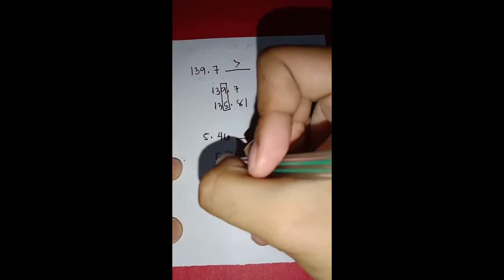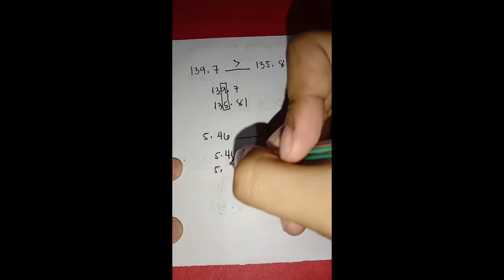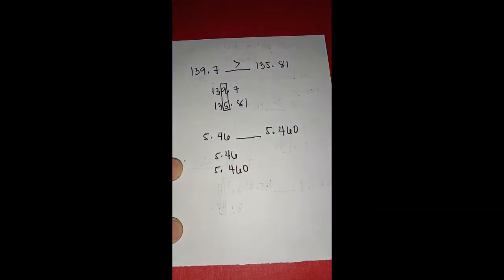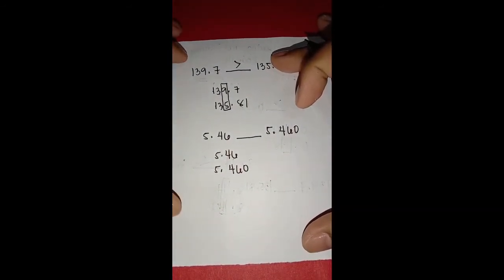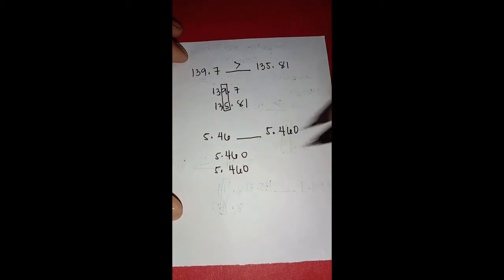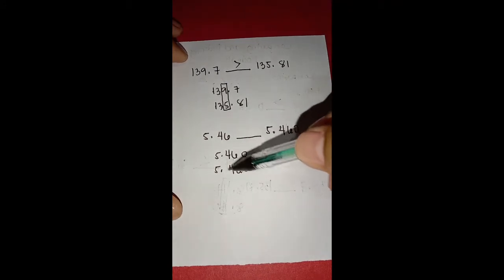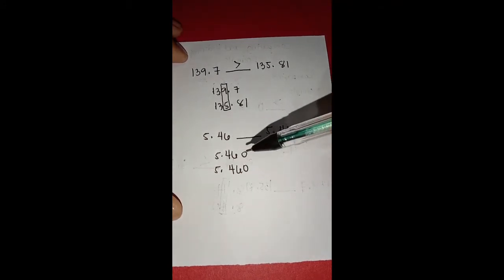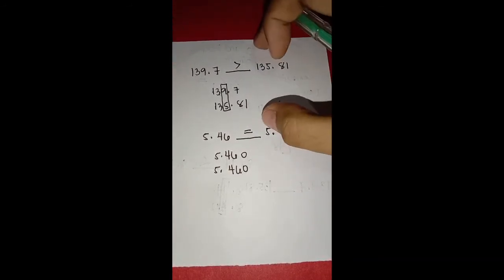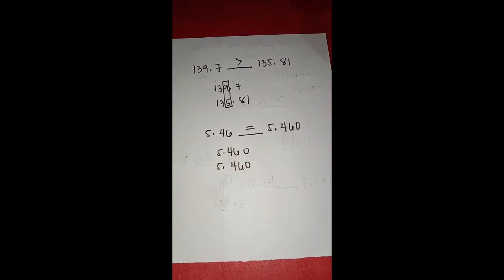So 5 and 46 hundredths, 5 and 460 thousandths. So add 0. Okay. So next, compare. Since they are the same number, pare-pares lang sila, therefore they are equal. So ganito mag-compare ng ating decimals.